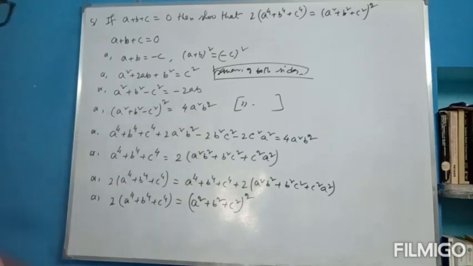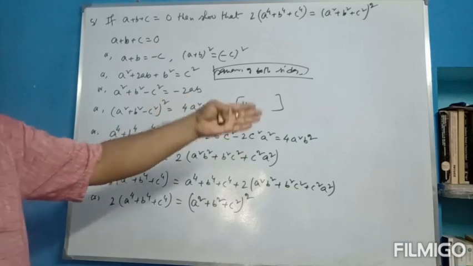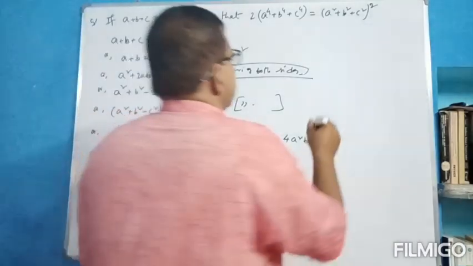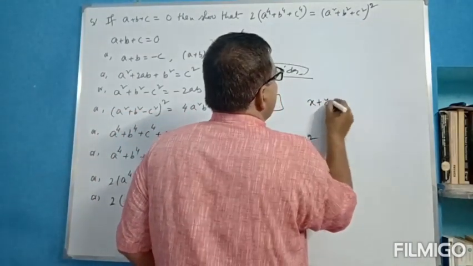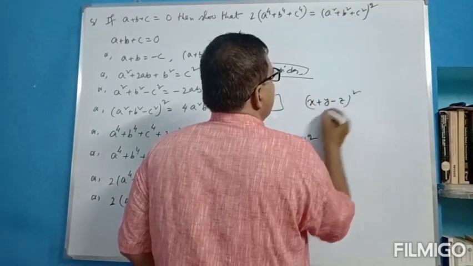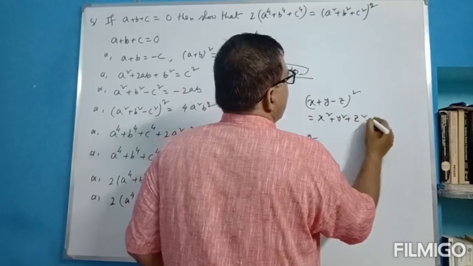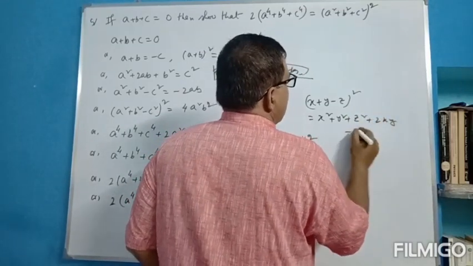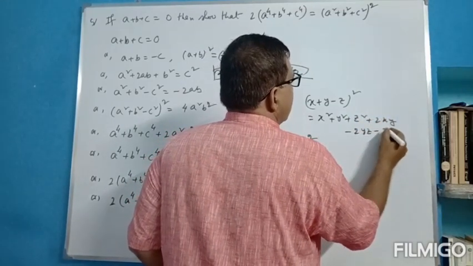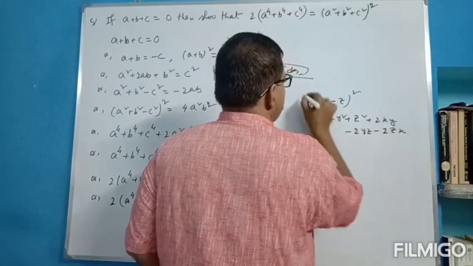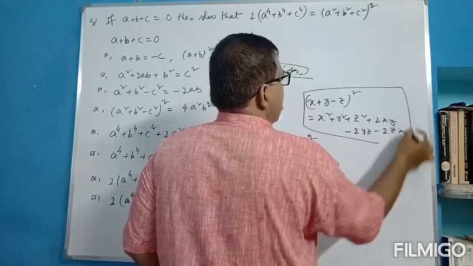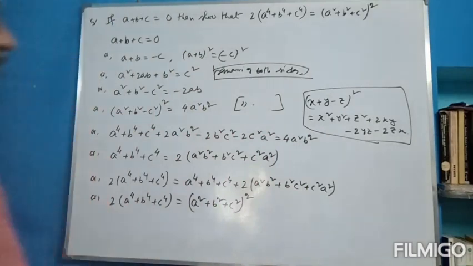So we know the formula of x plus y minus z whole square. What is it equal to? It will be x square plus y square plus z square plus 2xy minus 2yz minus 2zx. This is the formula of x plus y minus z whole square.